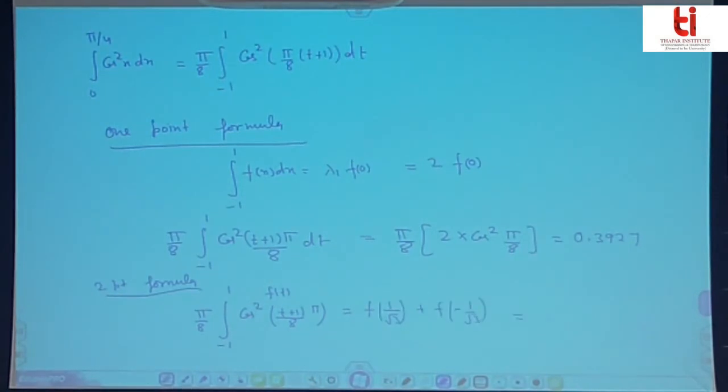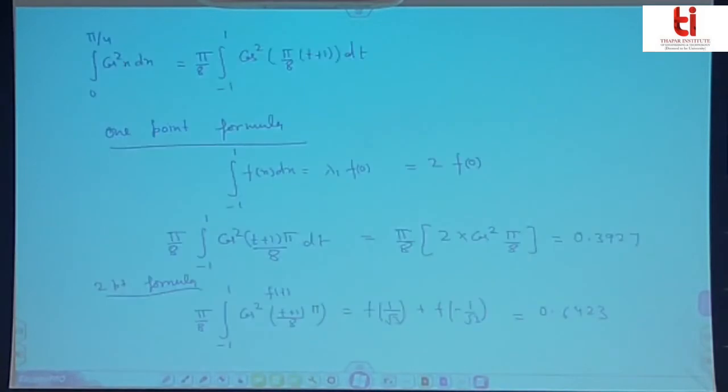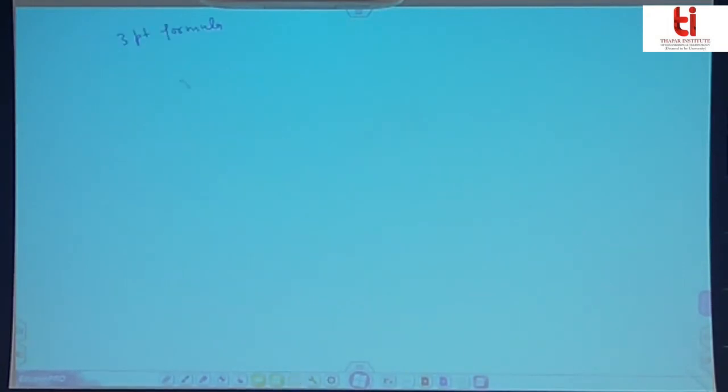So the value is coming out to be 0.6423. Then the 3-point formula. The value is coming out to be 0.6425.